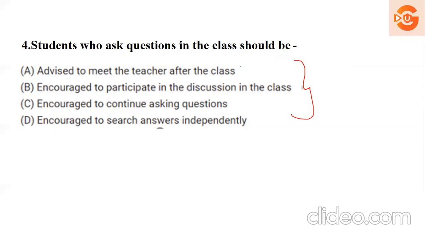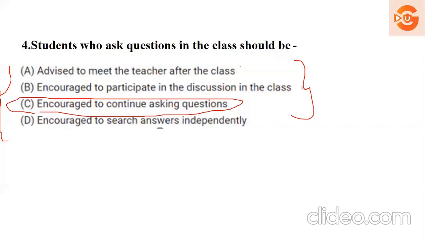Many of you must have studied this question in previous years' papers also. So if you see, the answer is encouraged to continue asking questions, but why, what is the intention behind that? You have to think from that point of view, because if this question is twisted a bit and put in a different way, it will be easier for you to remember and get the right answer.